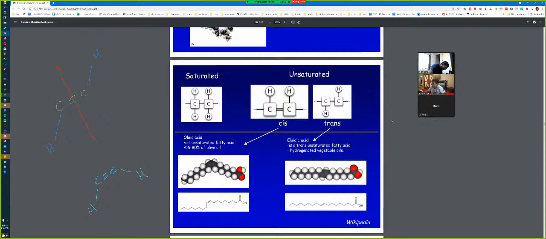Here, trans, cis. That's also where the terms that are popular now in terms of gender identity, cis and trans, come from.